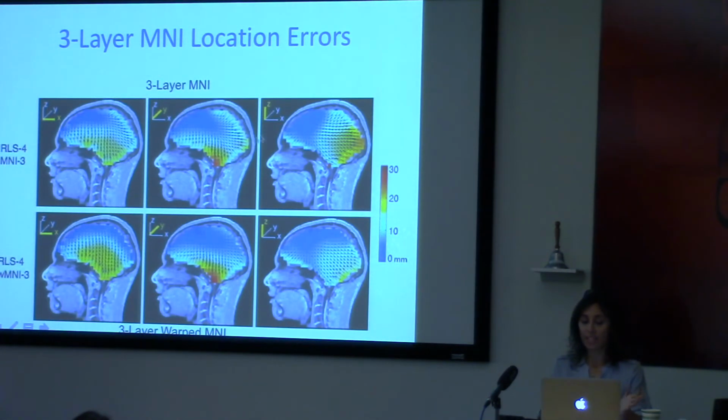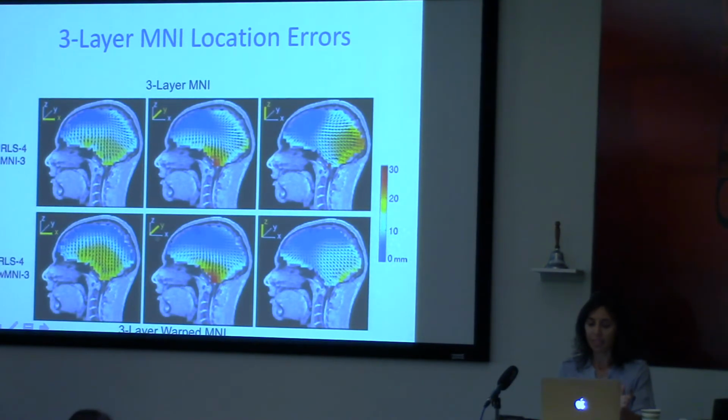So we can use 3-layer MNI models that would be more realistic. This also generates some errors. And in the cortical regions, depending on the region, the errors would change between 5 millimeters and 20 millimeters.